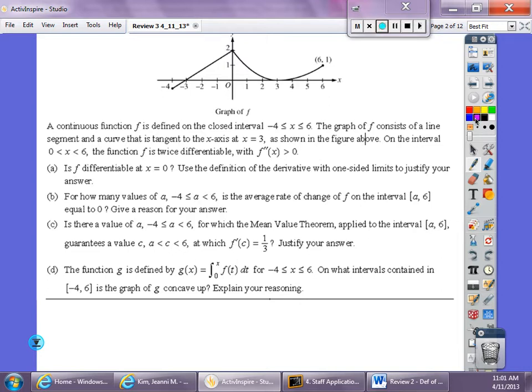So find the average rate of change of f over the interval equal to 0. So I'm going to start with the question. The question says average rate of change of f equals the slope. Does that make sense so far?